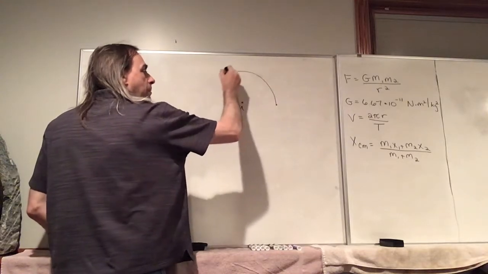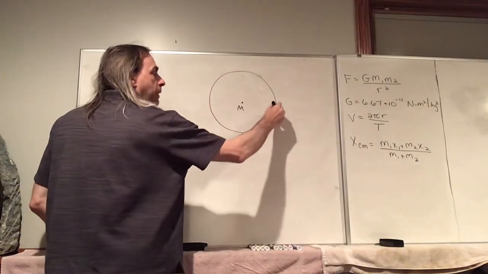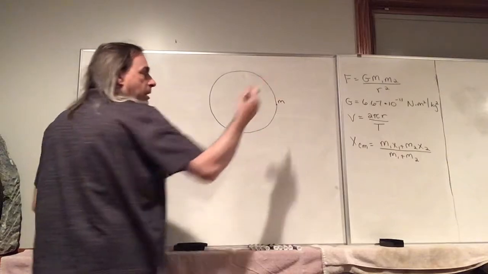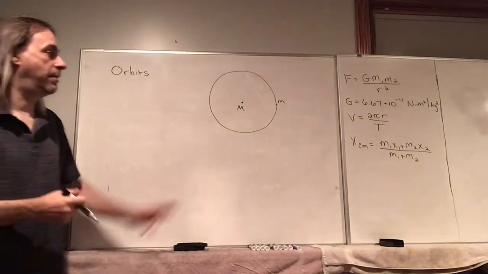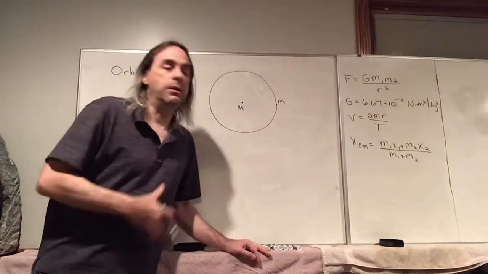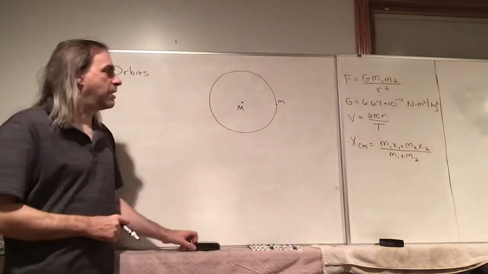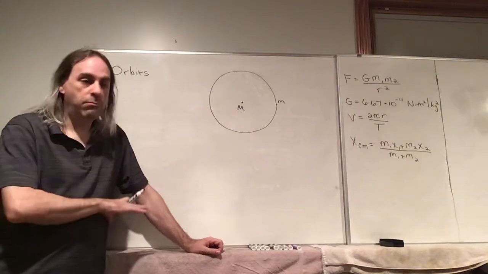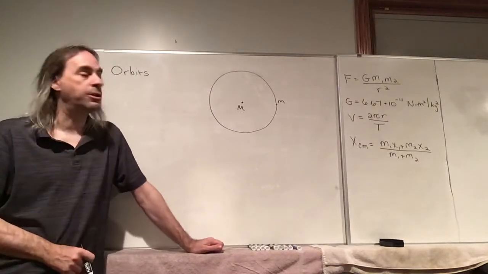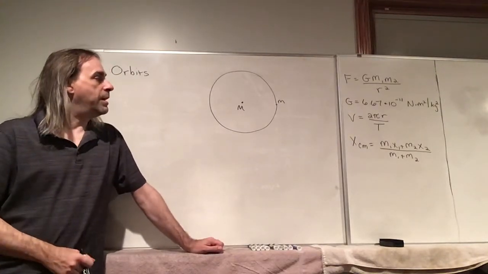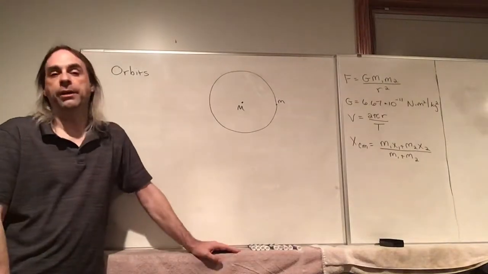This could be the Earth and the Sun, or the Sun and Jupiter. Jupiter is much more massive than the Earth, but still the Sun is so much more massive than anything else in the solar system that you could consider any planet small by comparison.